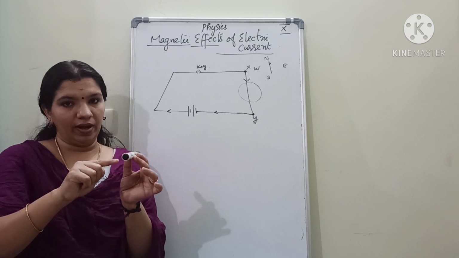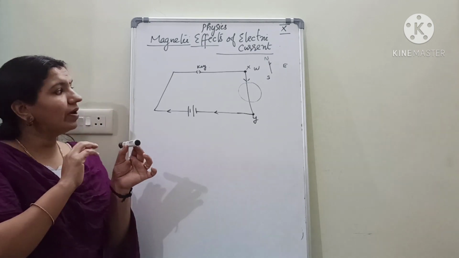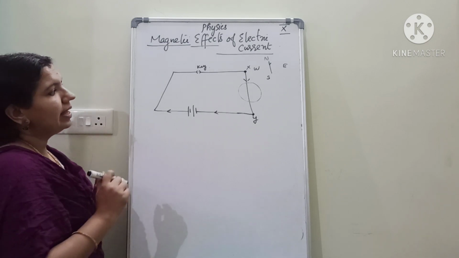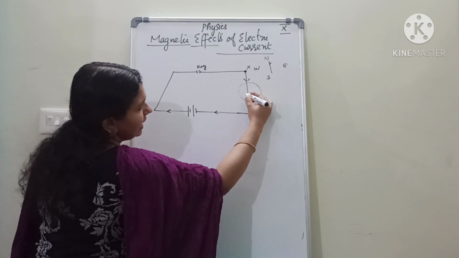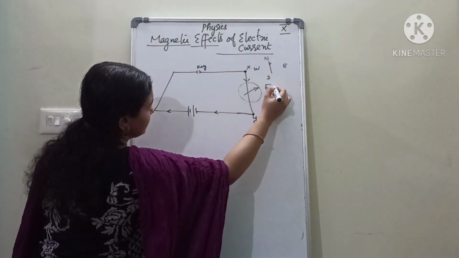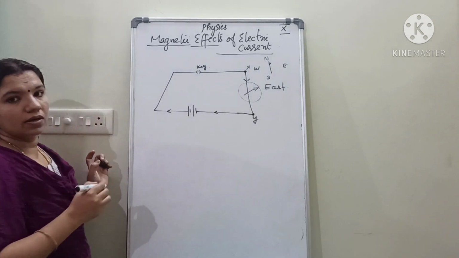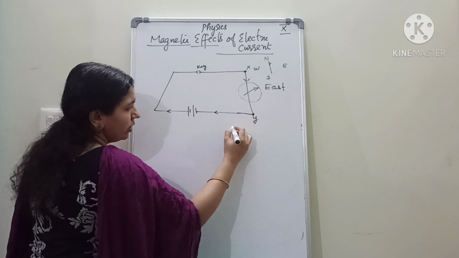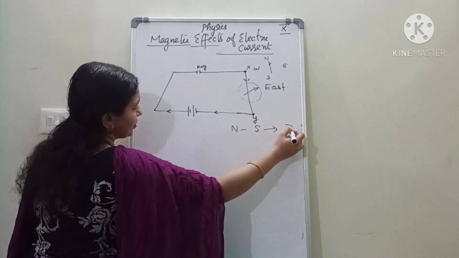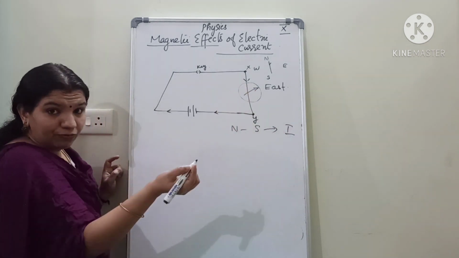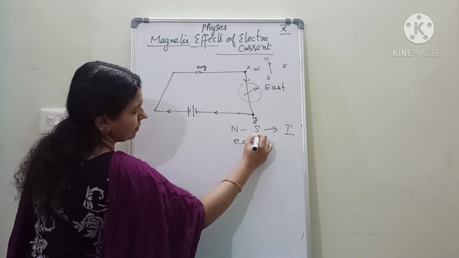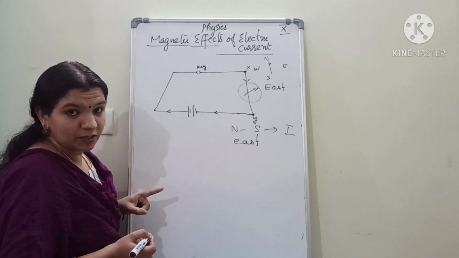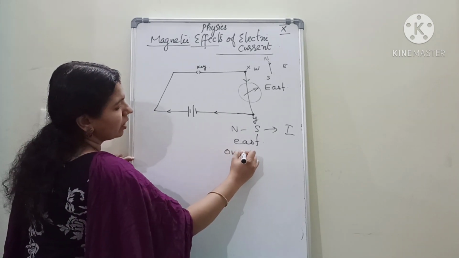Now, when the deflection is noted, it is seen that the compass needle deflects towards the east. Clear? When the current flows in the direction from north to south, the compass needle deflects towards the east. Where is the compass needle placed? It is placed overhead of the copper wire.